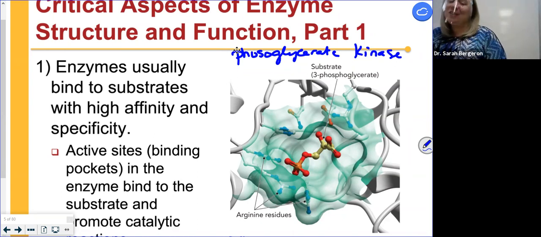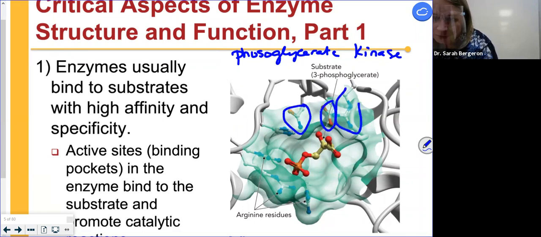That's all it does. So your substrate is what's going to fit into the pocket. What is going to interact inside of this active site with that substrate? Do you see these things that are hanging out into the pocket?